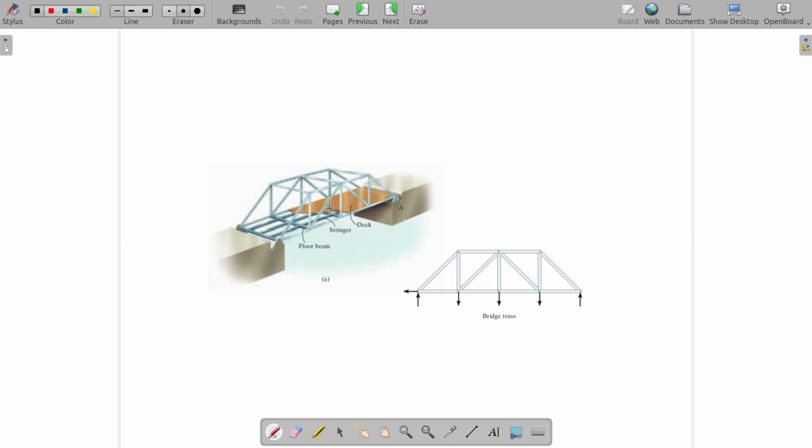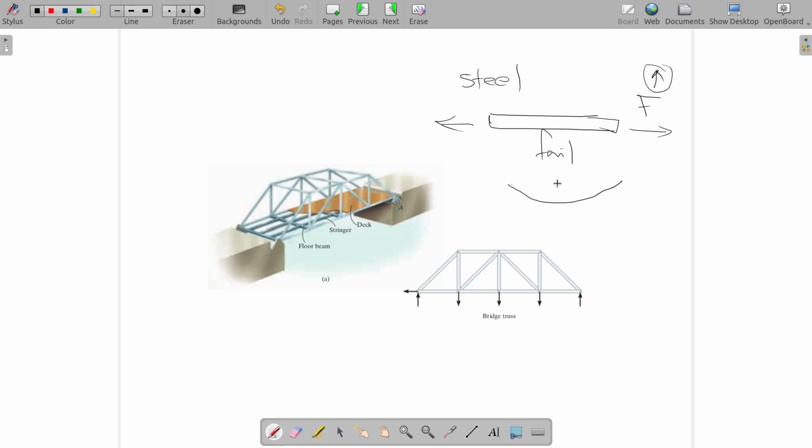There is a limit up to which each member can sustain a force. If you have a steel bar, depending on the material properties of the steel, how much force can you apply on it? How much tensile force or how much compressive force? If you apply tensile force beyond a limit, it is going to fail.